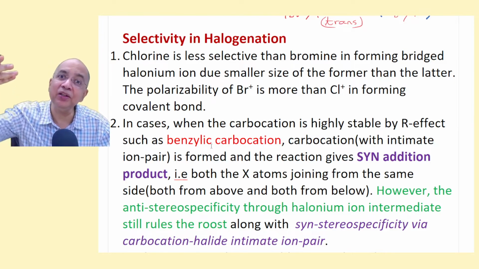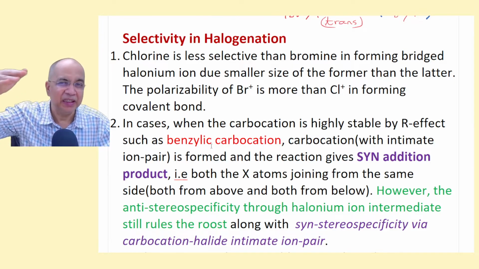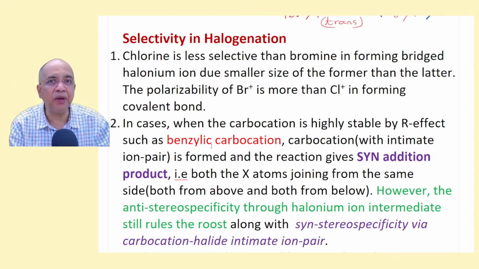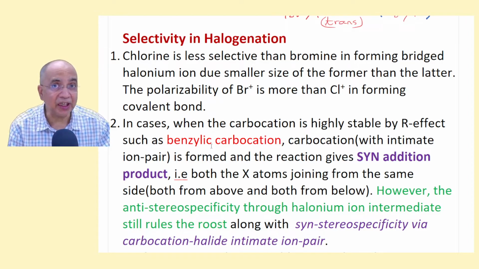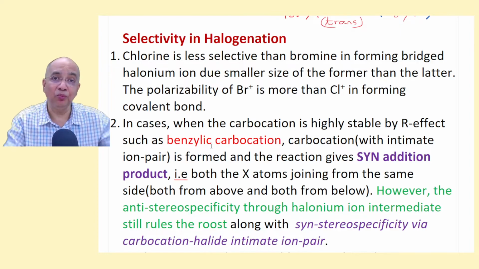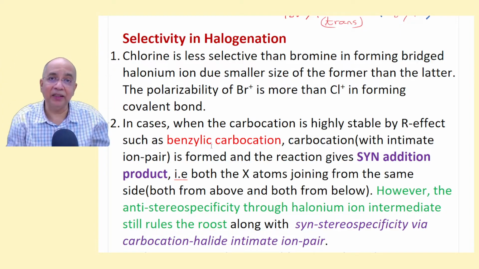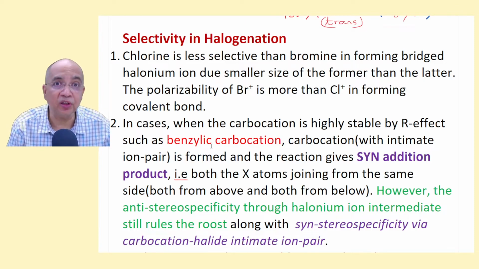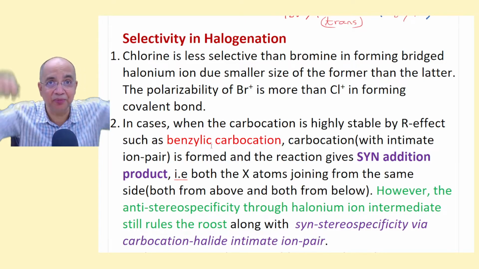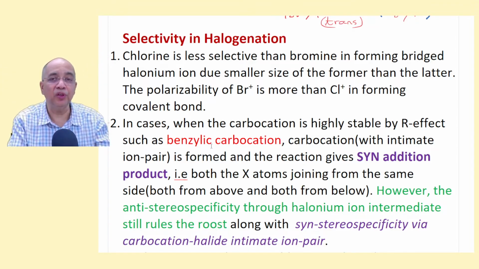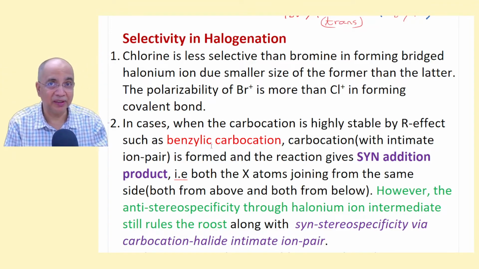The carbocation and the nucleophile Cl minus or Br minus remain almost in contact. That is called the intimate ion pair mechanism, where carbocation is formed. In that case, you can have a syn addition product. Both this and this. They can produce enantiomers also. This mode will give you one enantiomer and this mode will give you the other enantiomer, right?